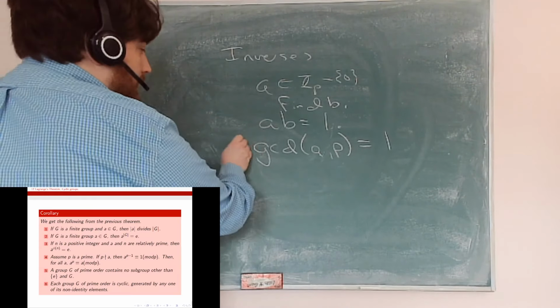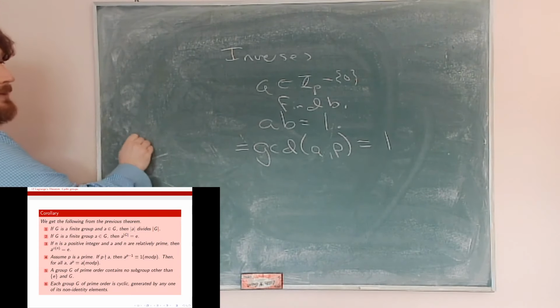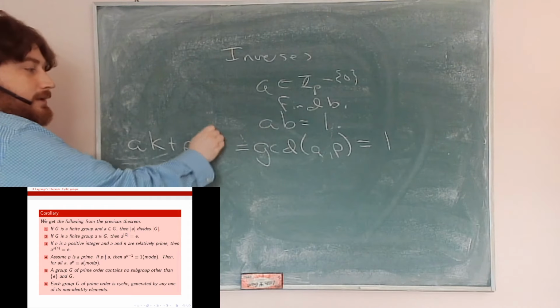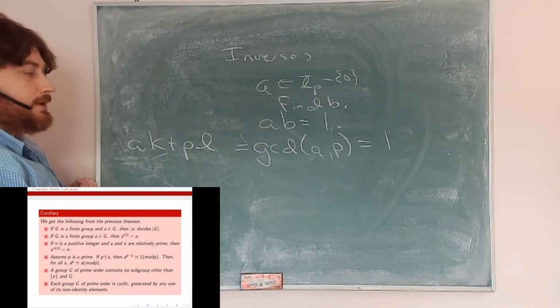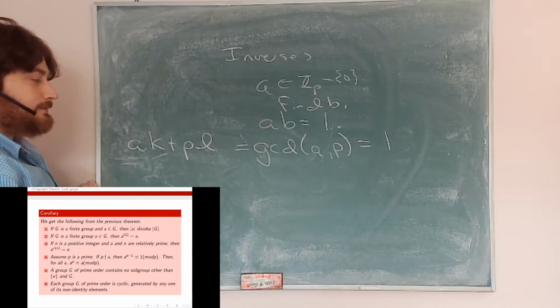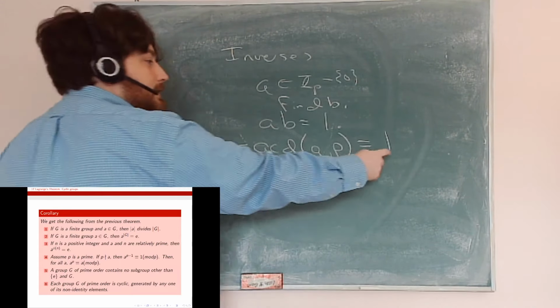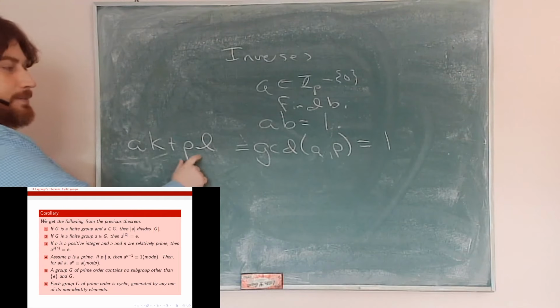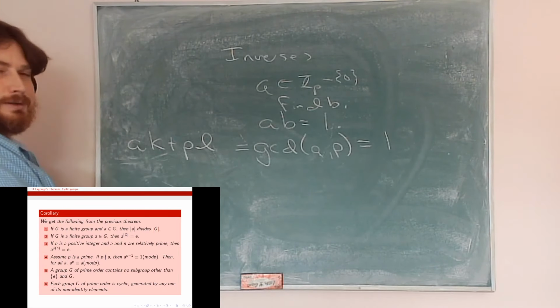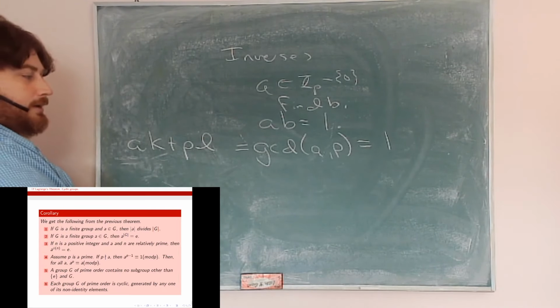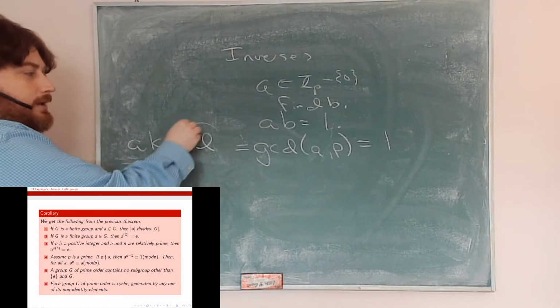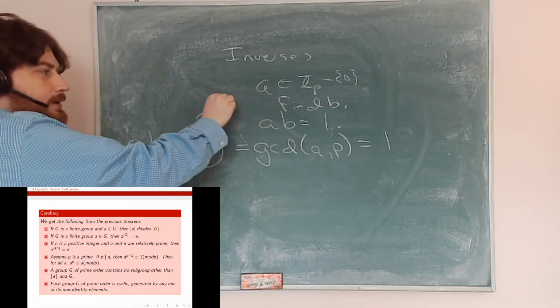All right, and then T, you were saying that it's also equal to AK plus PL, right? By the Chinese remainder theorem. All right, very good. So what that means is I know the greatest common divisor is 1. Therefore, AK plus PL is equal to 1 for some integers K and L. But if I look at this mod P, what is this equal to mod P?